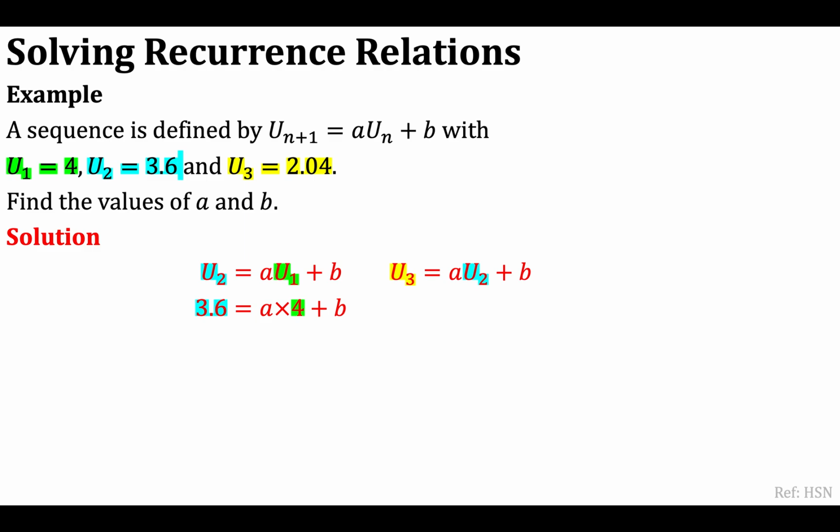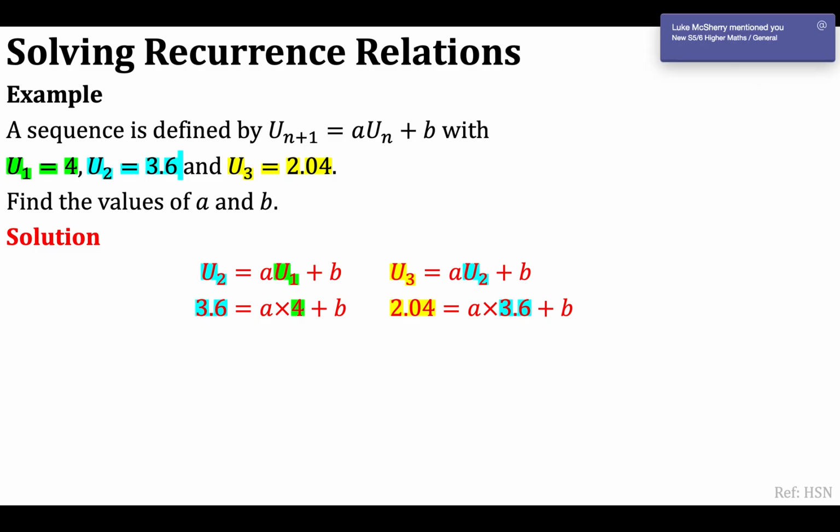Now, u2 I know is equal to 3.6, so I can substitute that in, and that's equal to a times u1, which is 4, plus b. If I look at this other equation here, that will be 2.04, which is u3, is equal to a multiplied by u2, which is 3.6, plus b.